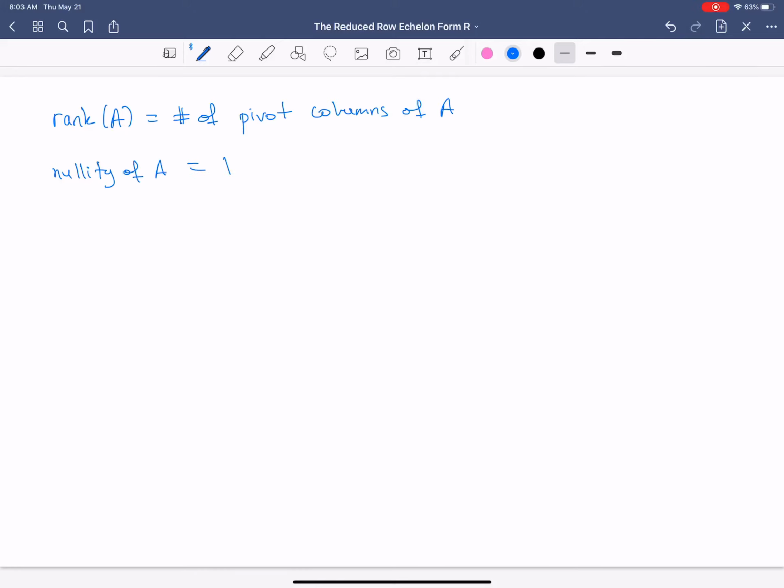That is the number of free columns of A, which is equal to the number of special solutions to Ax equals 0 that help us identify or describe the null space of A.